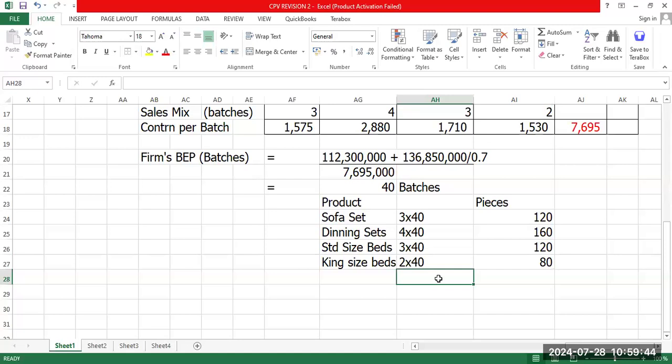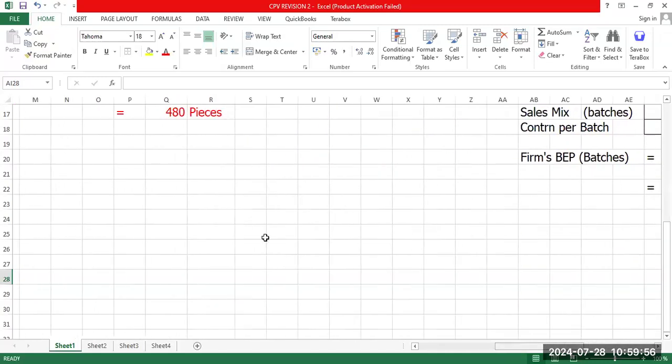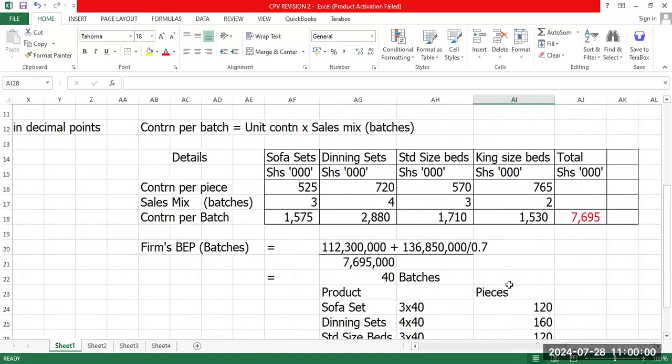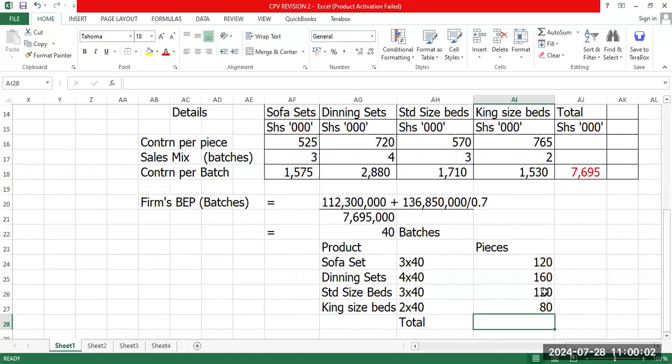So what is the total? The total should give you the pieces we have. If you add, do you get 480? Because this is what we have this side in pieces. If you sum up all this.